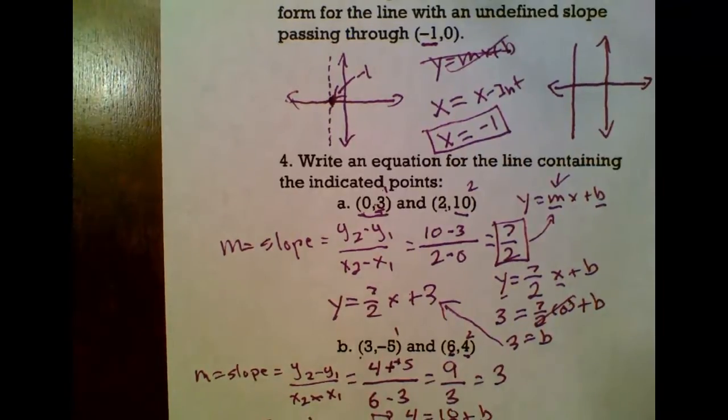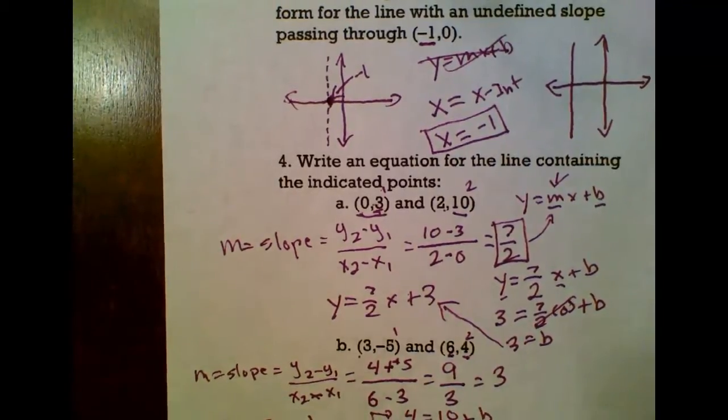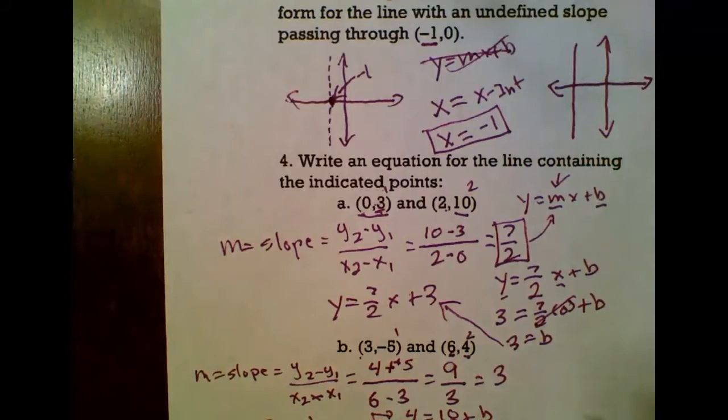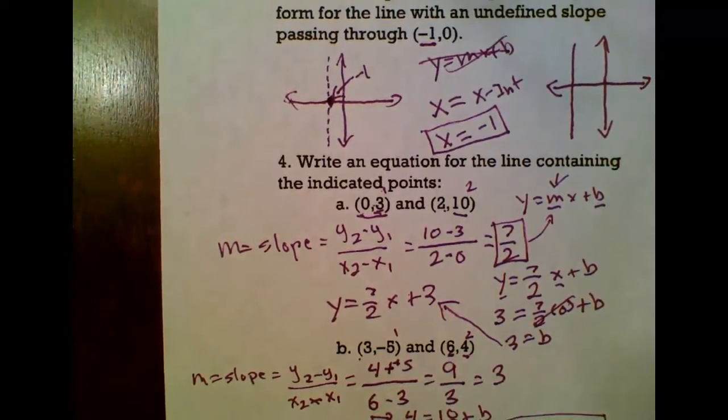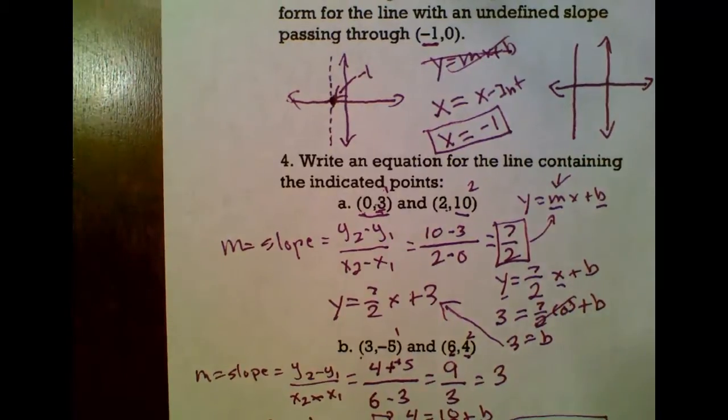So we'll subtract 18 from both sides, and we get b is equal to minus 4. Hopefully I do this right in my head. I'm getting tired. Negative 14. There we go. So we'll take this, plug it back into our equation right here, and we got y equals 3x minus 14. That's our equation right there.